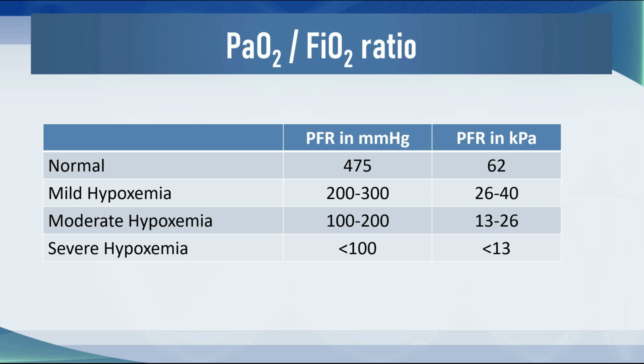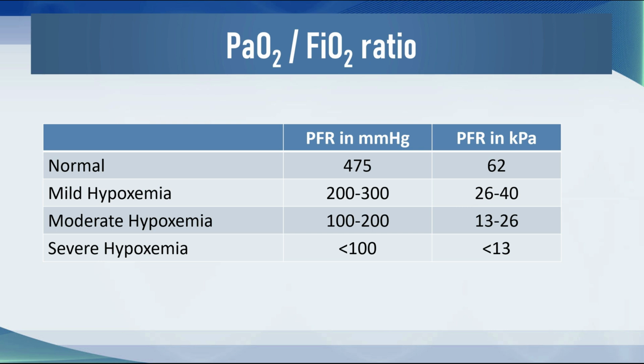For mild hypoxemia, the PF ratio in kilopascals is 26 to 40, representing the equivalent of 200 to 300 millimeters of mercury. Moderate hypoxemia is 13 to 26, representing 100 to 200 millimeters of mercury, and severe hypoxemia is below 13.